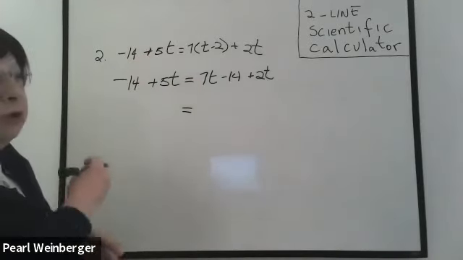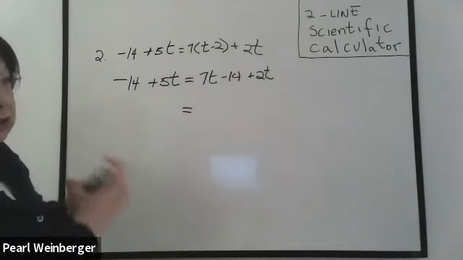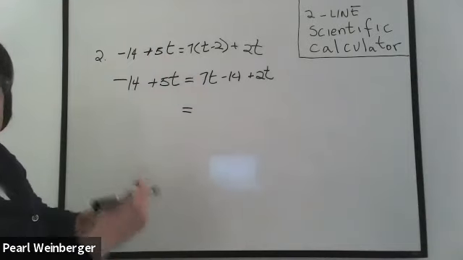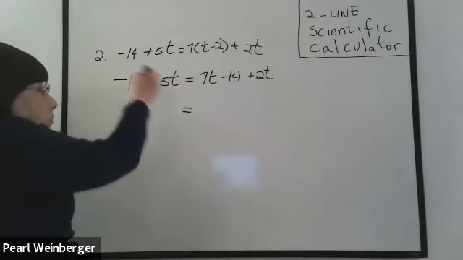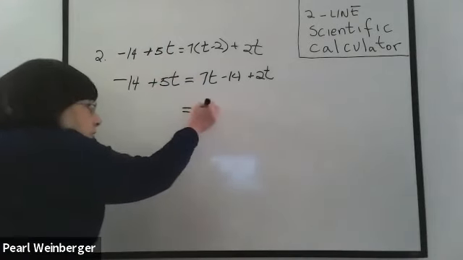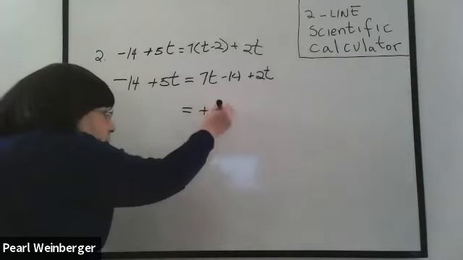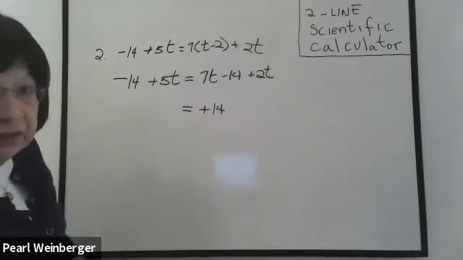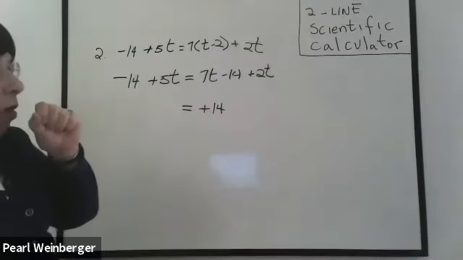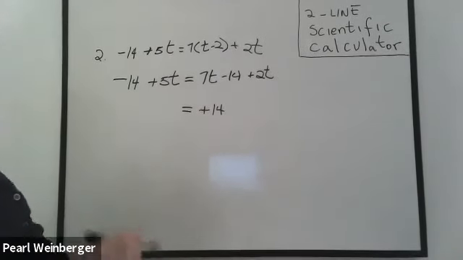When you transpose something from one side of the equation to the other, you must change its sign. So bringing this to the other side will make this a positive 14. And I'll even put a plus in front of it. If I wrote just plain 14, you would realize that is a positive 14.